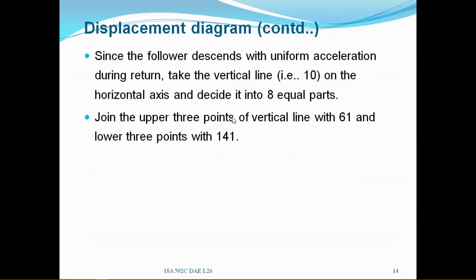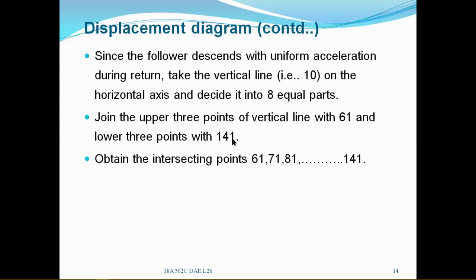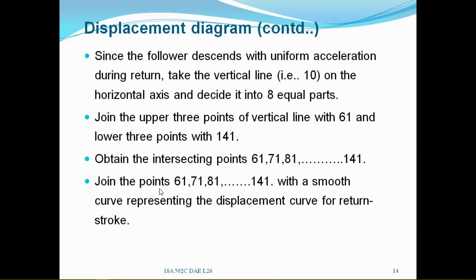Join the upper 3 points of the vertical line with 6 dash, and the lower points up to 14 dash. Obtain the intersecting points 6 dash, 7 dash, 8 dash, and so on up to 14 dash, and join all these points with a smooth curve representing the displacement curve for the return stroke.